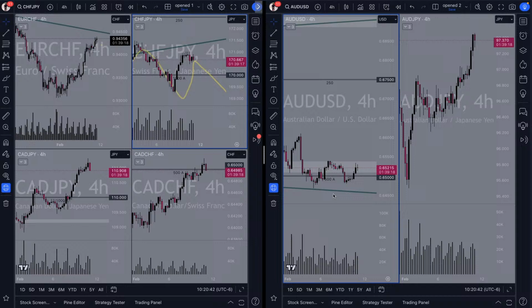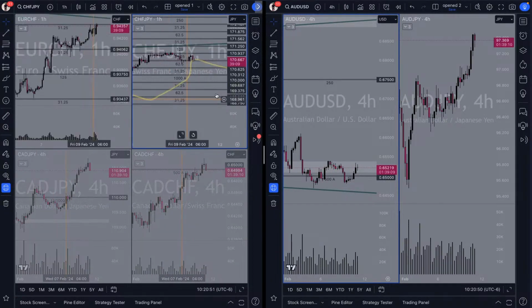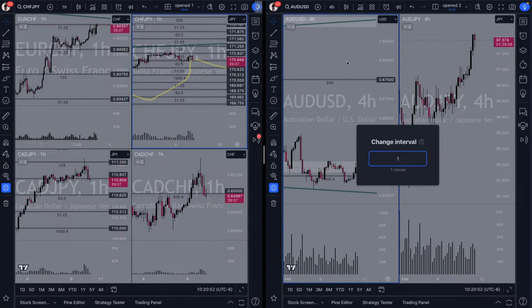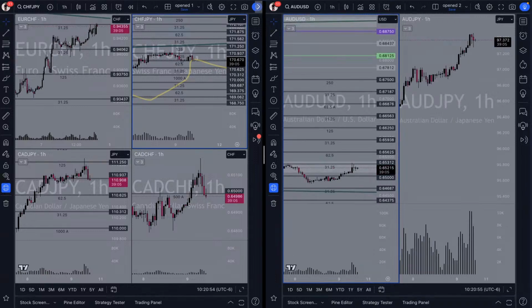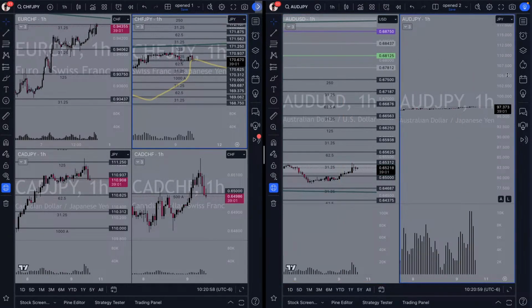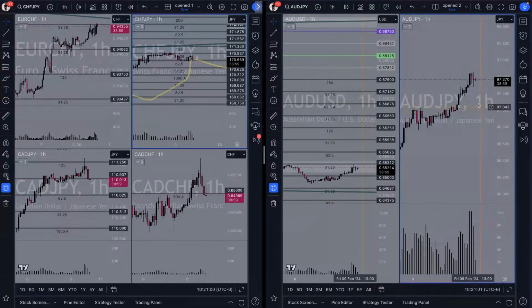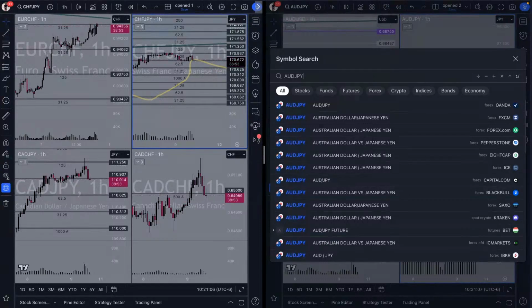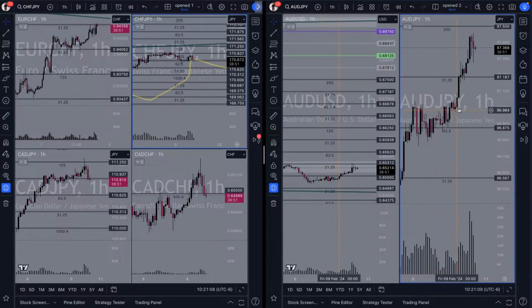Gen, let me just see. Let's just reduce the time frame a little bit, just to see more of what is going on. Of course, it's going to get messy. Why doesn't this one have all the drawings? That sucks. Gen, what happened?